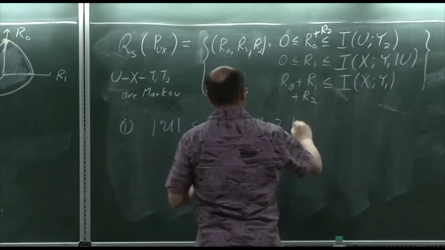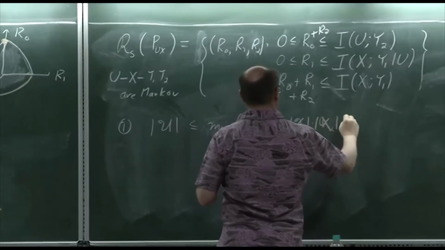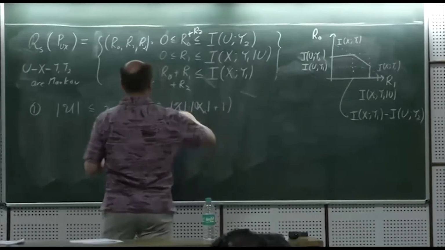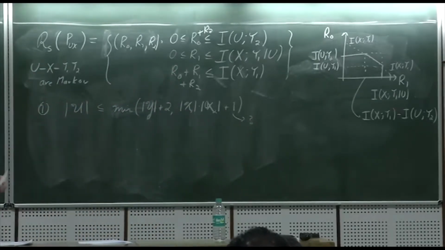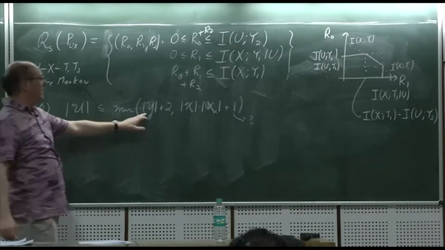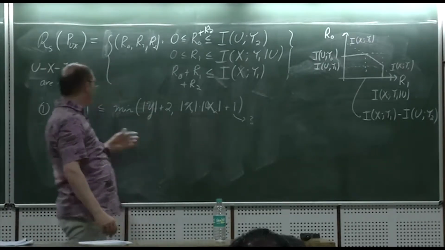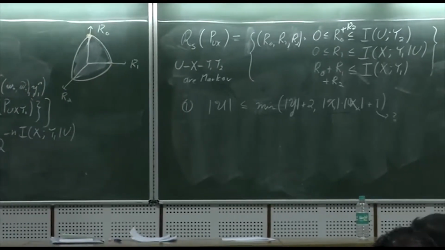I'm quite sure it can be less than X1 times X2 plus 1, but maybe it's plus 2. It's something like this. This one I'm not sure about. But the point is, for broadcast channels with finite cardinality output alphabets and input alphabets, you can limit the search for U to be not too large. Well, depending on what not too large is.